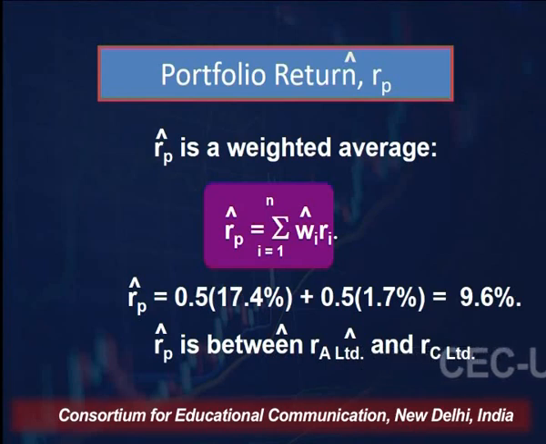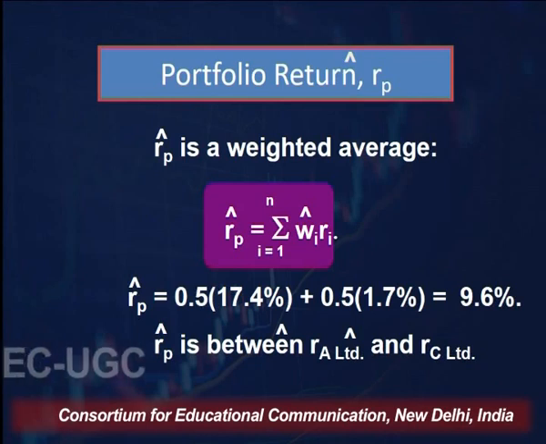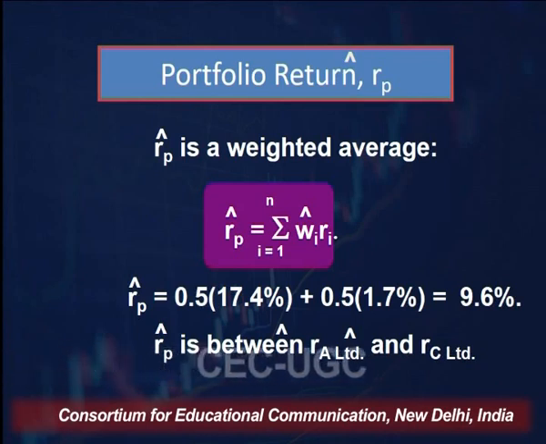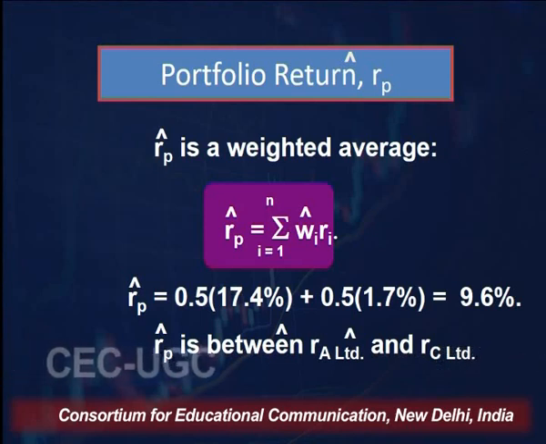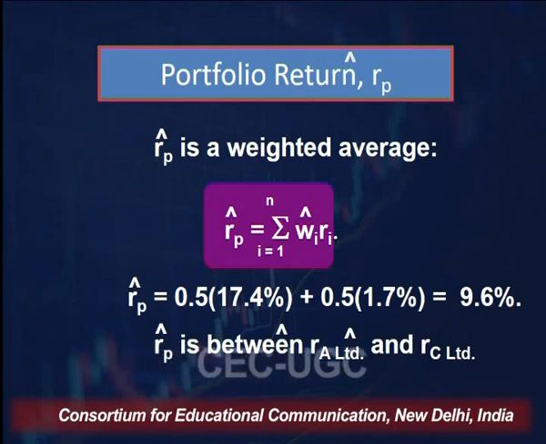So 0.5, weightage of A, multiplied by 17.4%, plus 0.5 multiplied by 1.7%, because in the question itself the expected returns are given. So for A it is 17.4 and for C it is 1.7. When we calculate this, what we get is 9.6% as our expected return.